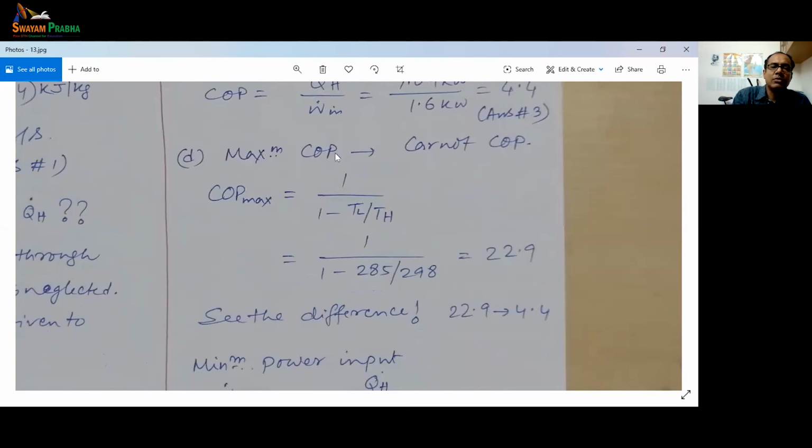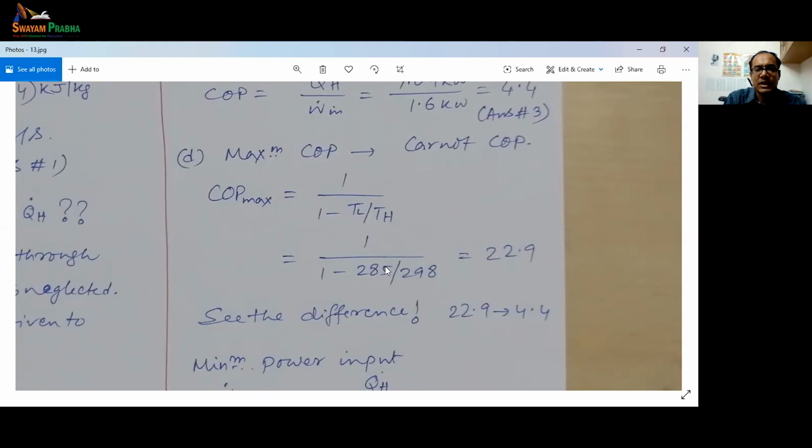So we have to look for maximum COP, and maximum COP is obtained when the heat pump runs as a Carnot heat pump. So we have to find out the Carnot COP. So COP max will be 1 over 1 minus TL by TH, that's the low temperature reservoir by high temperature reservoir temperature.